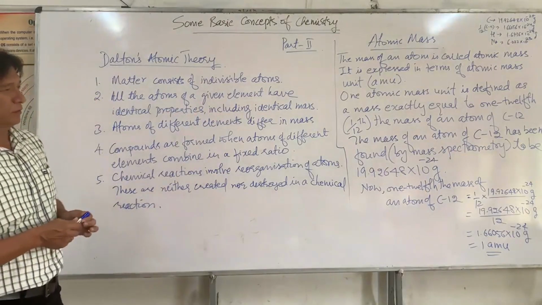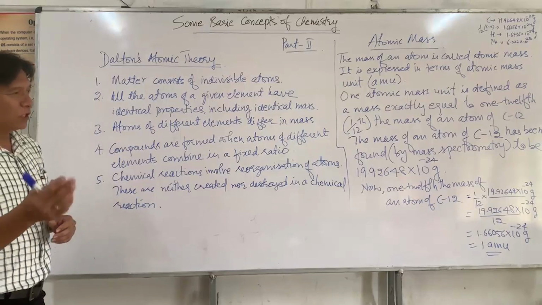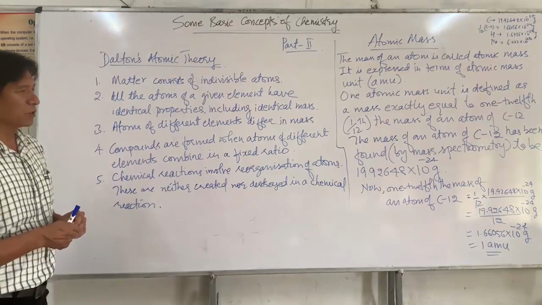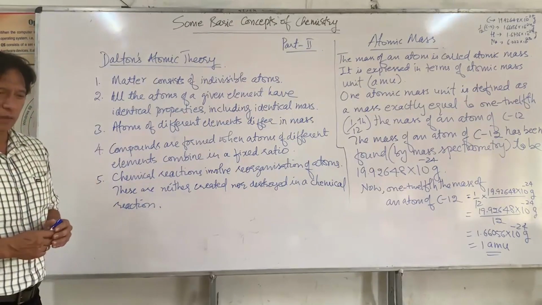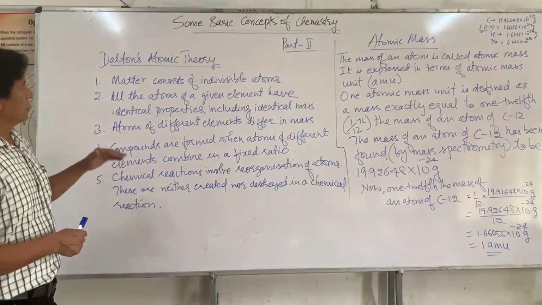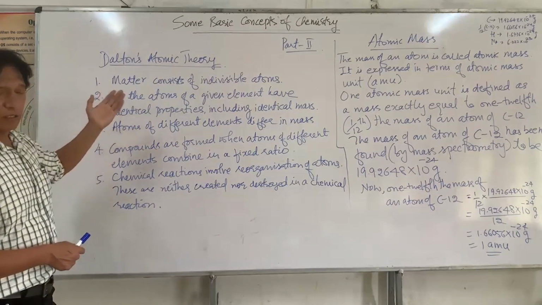Well, you remember an atom is the smallest particle of an element which is indivisible. You remember studying about atom in class 9, and this is what this Dalton's atomic theory says.